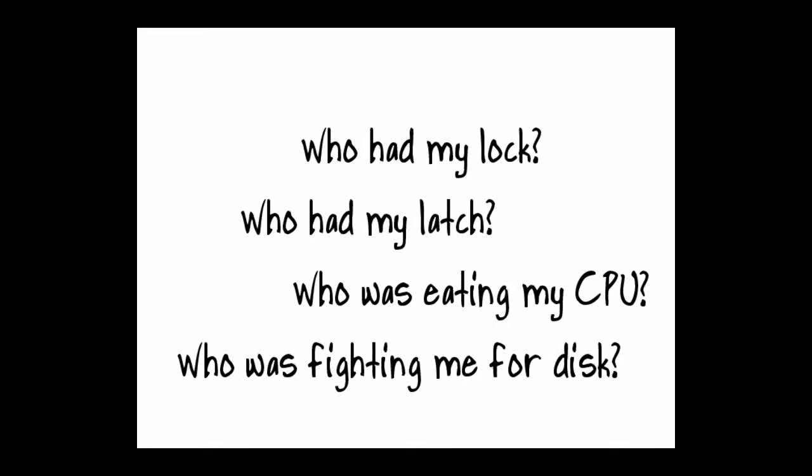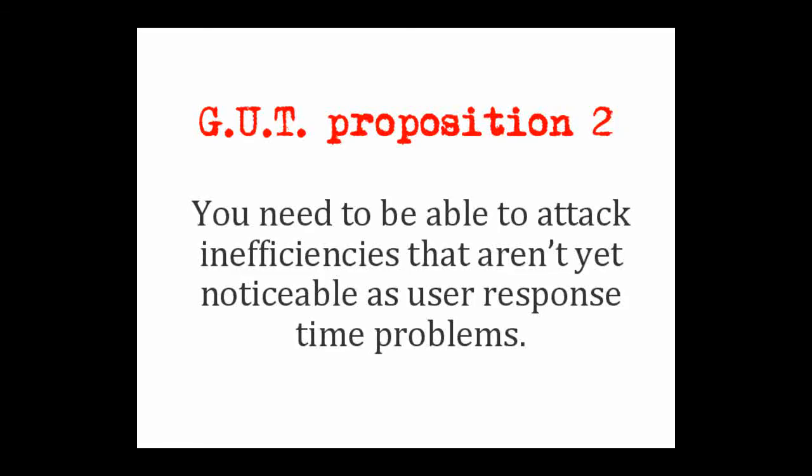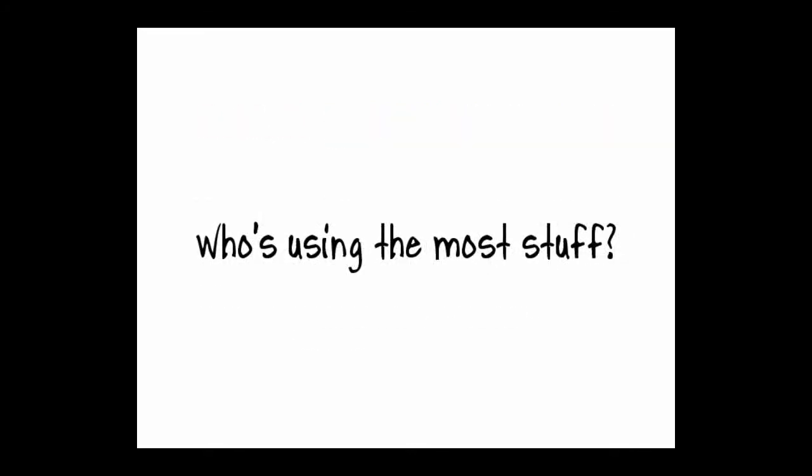So the second proposition of GUT was you need to be able to attack inefficiencies that aren't yet noticeable as user response time problems. And for this, ASH is awesome, because ASH is able to tell you who's using the most stuff. You can walk into an ASH repository and find out who used the most CPU yesterday. You can tell the login ID, you can tell the service, module, and action if you're blessed with an application that records these attributes along with the execution of different sessions.